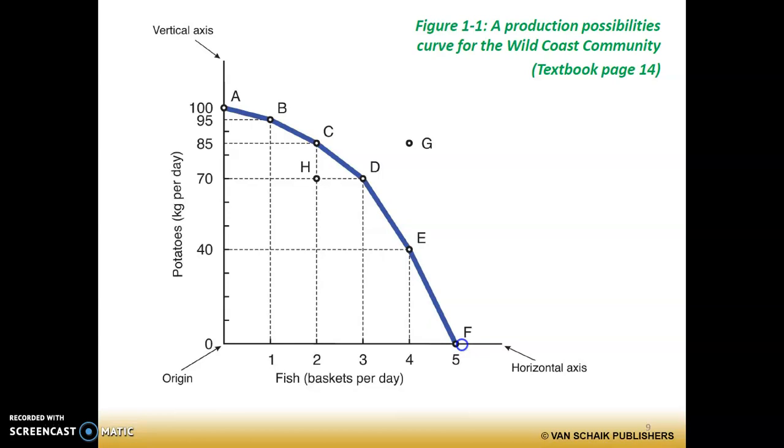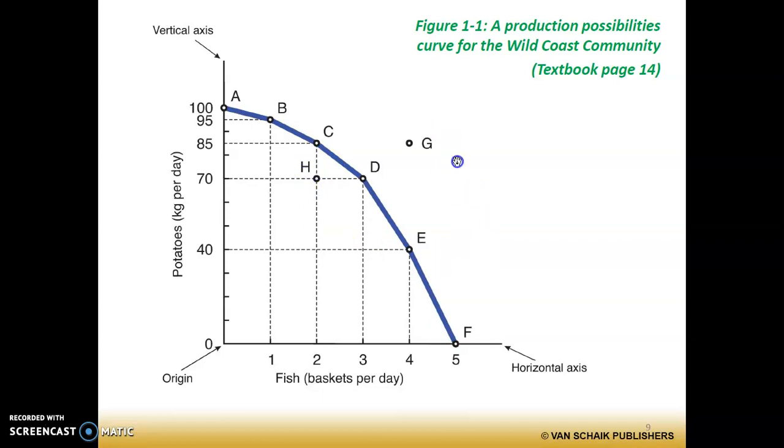And point H in the diagram denotes 70 kgs of potatoes and 2 baskets of fish. This combination is obtainable but inefficient.